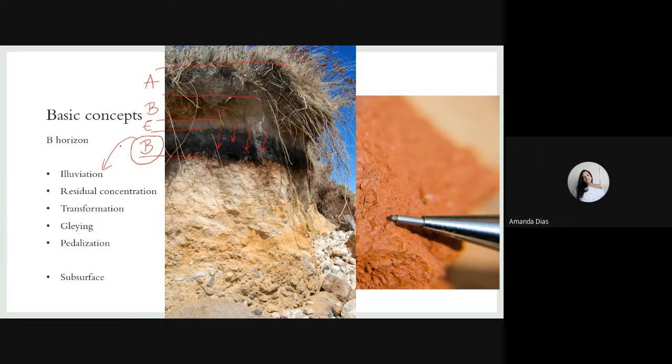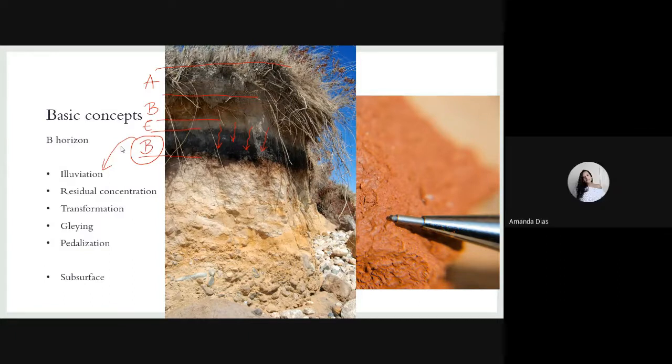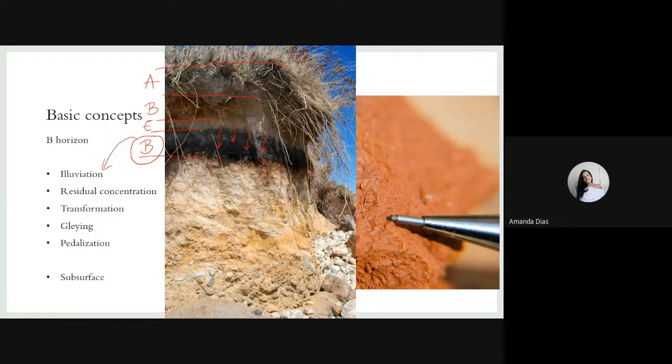I never saw a B horizon buried in this case, but this picture is a good example. Yes, but in this case, the B horizon was not buried. It was formed in the subsurface, okay?